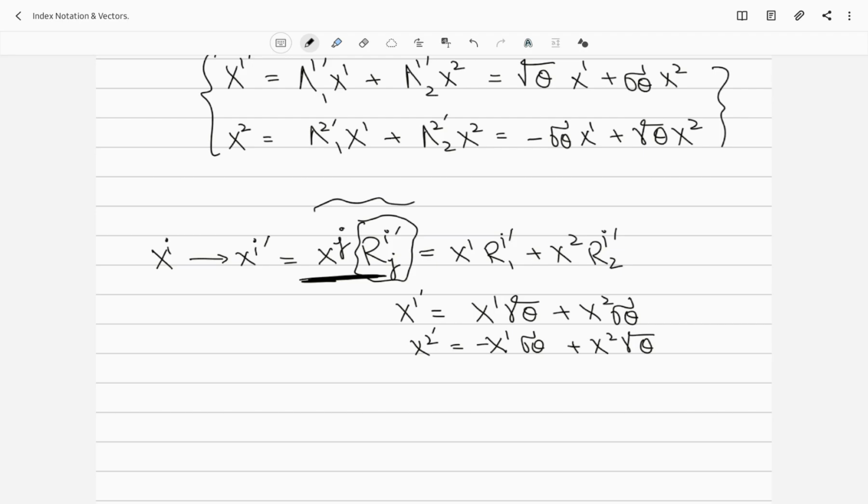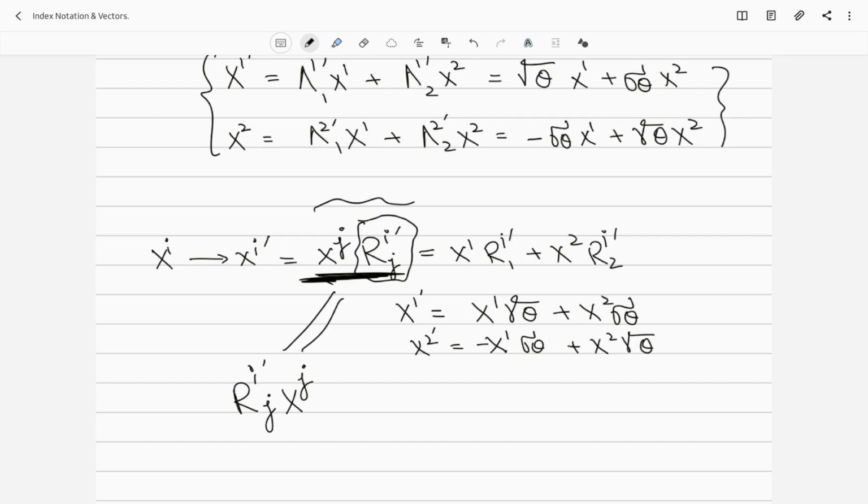We will get the same thing if I use this, or if I use R_i'j x_j. So these two things are absolutely the same. But again, this is not true for the case of matrices.